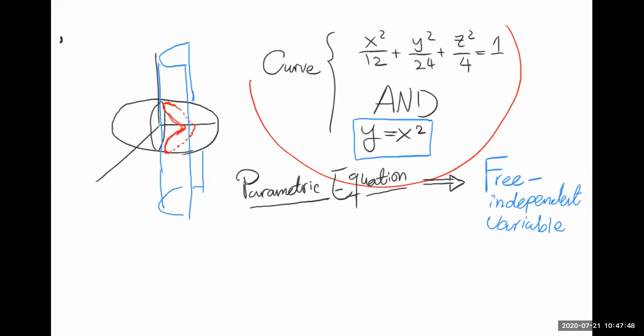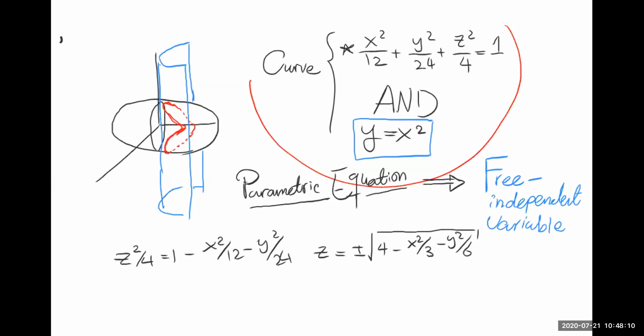Look at the first equation. The first equation also tells us z squared over 4 is 1 minus x squared over 12 minus y squared over 24, which means z is plus minus 4 minus x squared over 3 minus y squared over 6.